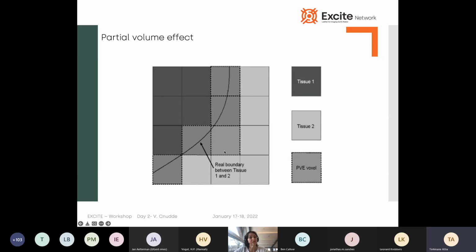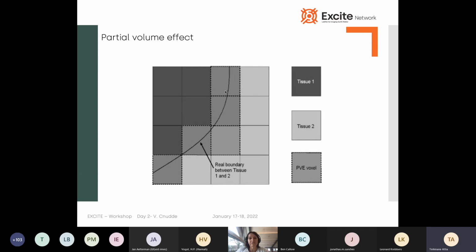So this is also challenging, because in reality, when going back to the talk of Ben, you want to segment it and have a good representation of your borders of your grains, for instance. And that is why resolution is a very important thing, as was mentioned and explained clearly by Jan Alterman.